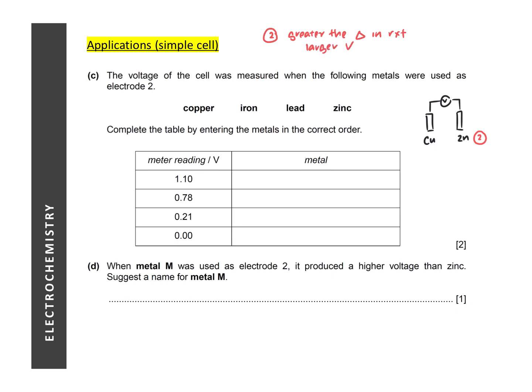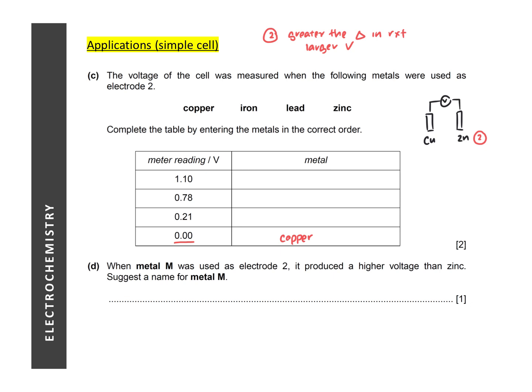So in this case, the question goes on to say that your electrode 2, or your zinc, is replaced with three other metals, and then they measured the following voltages and ask you to match them to the different voltages. You see that there's a voltage of 0. That means that the two metals are the same. So this must be the one where your electrode 2 is copper.